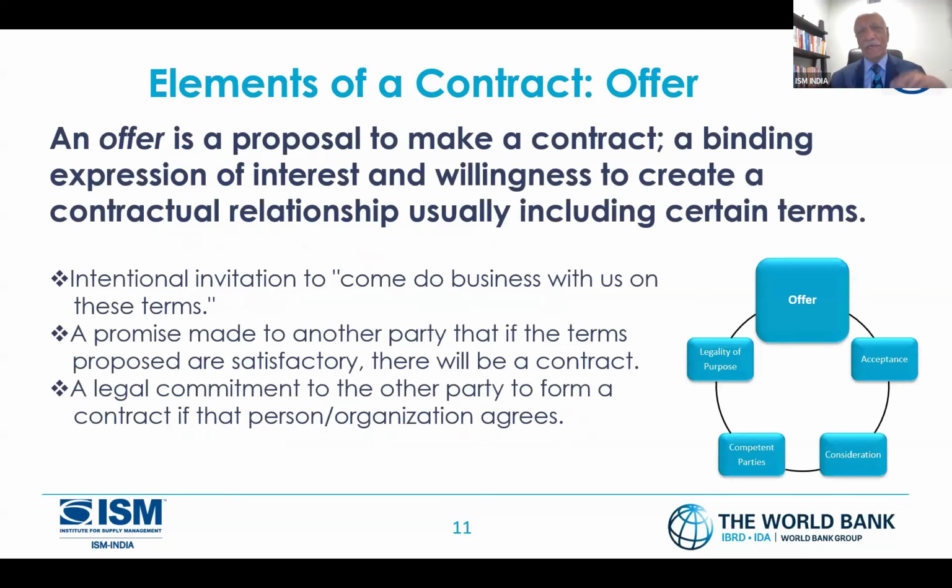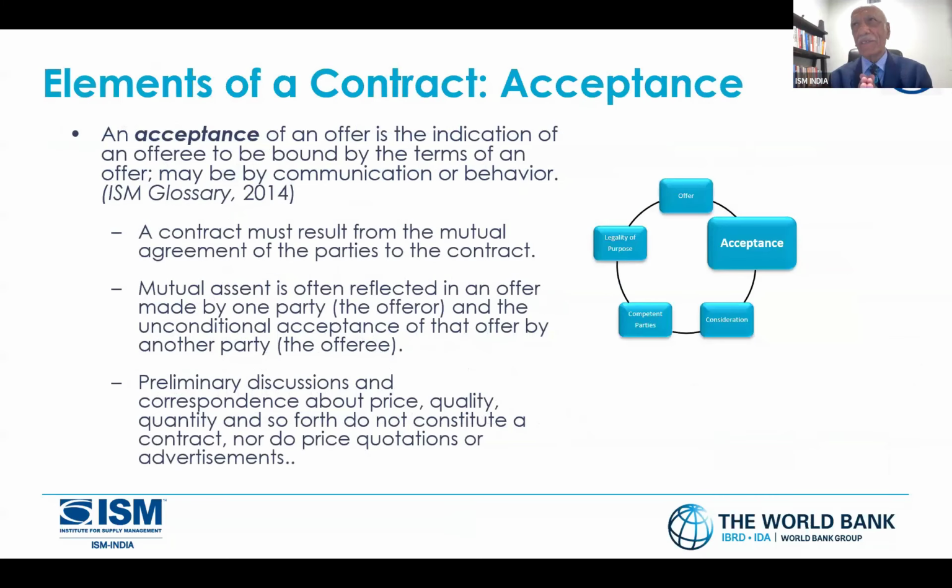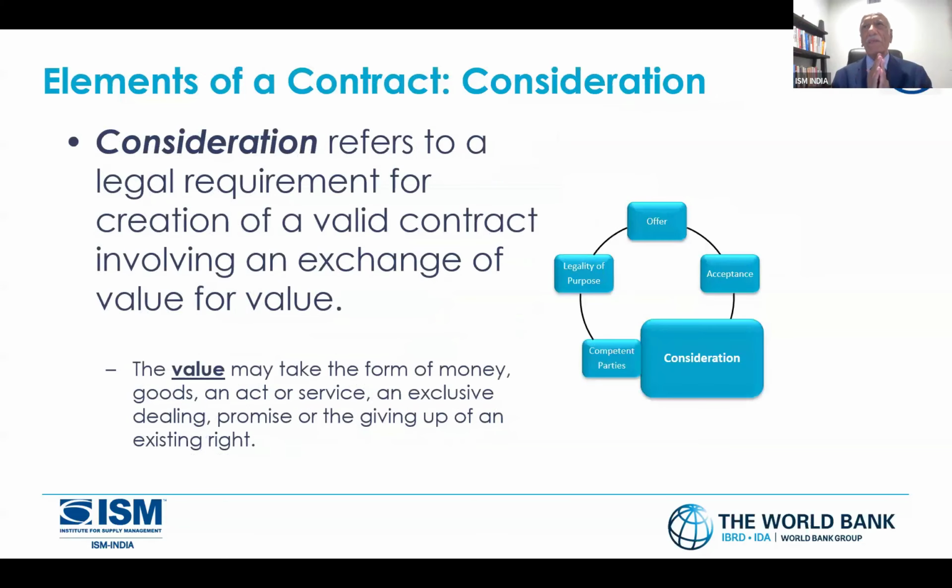So elements of the contract, again, I'm trying to repeat before I proceed further. Very first thing is offer. Second, you have to have acceptance. Acceptance means mirror image. After going back and forth, finally the offer and acceptance have to be a mirror image. The third thing is consideration. I must have some money.